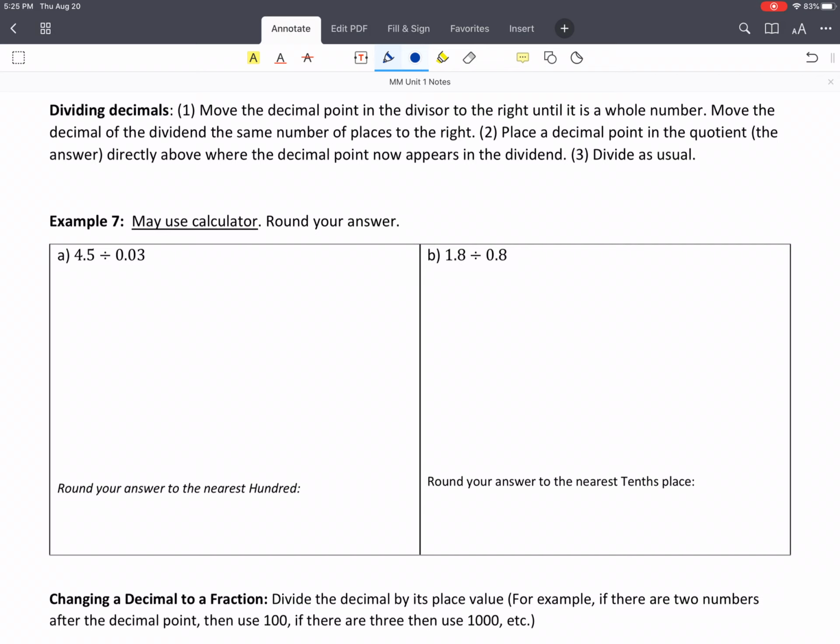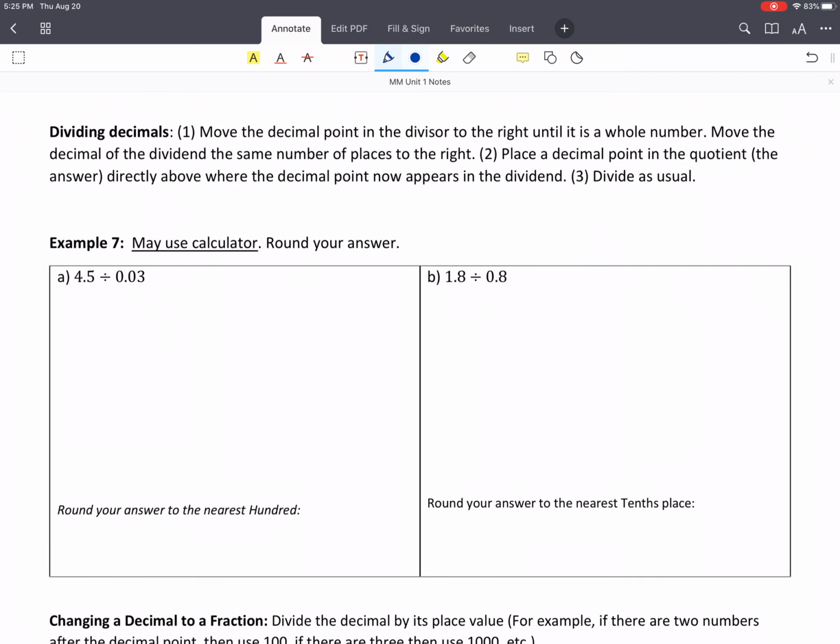Okay, so this one's going to involve a little bit of vocab. So our first one is we move the point in the divisor to the right until it's a whole number.